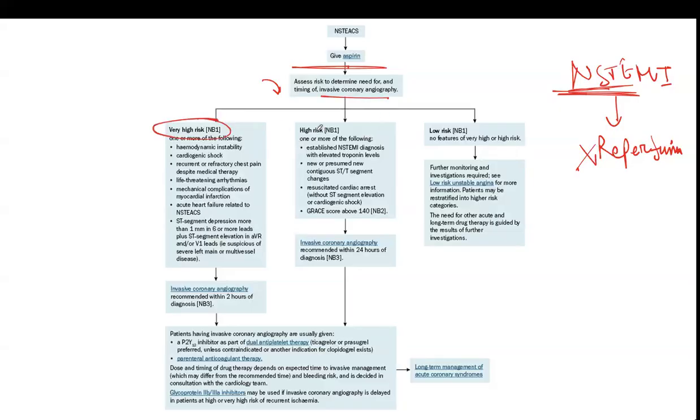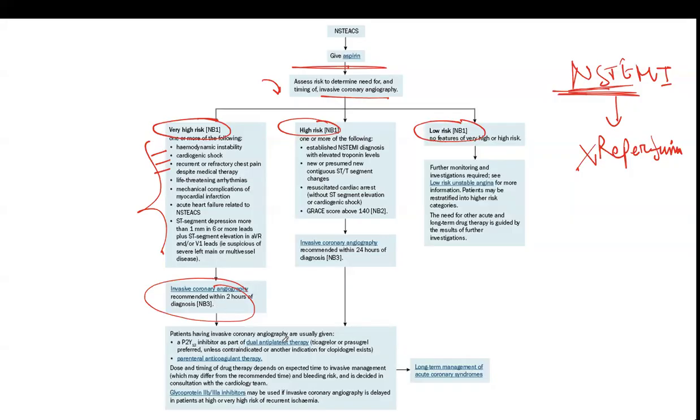So we divide them into very high risk, high risk, and low risk. Very high risk is someone who has non-ST elevated MI, but they are hemodynamically unstable or in shock. They are having refractory chest pain. So even if you have given all the chest pain treatment, they still have chest pain. Any of this will need an angiogram within 2 hours of diagnosis.